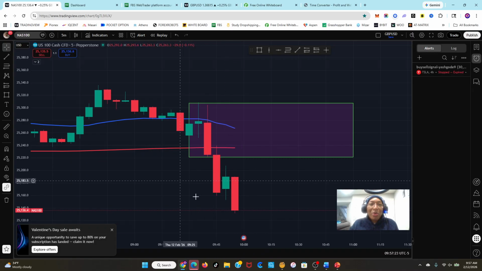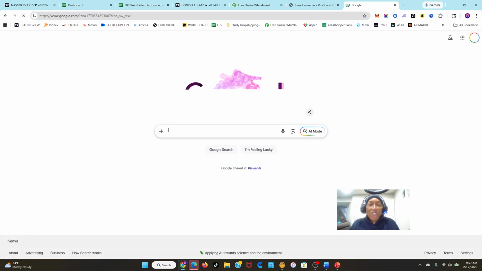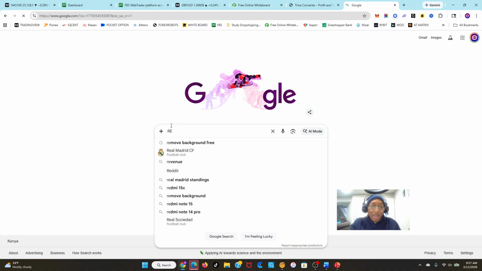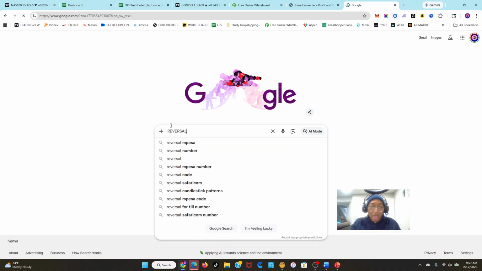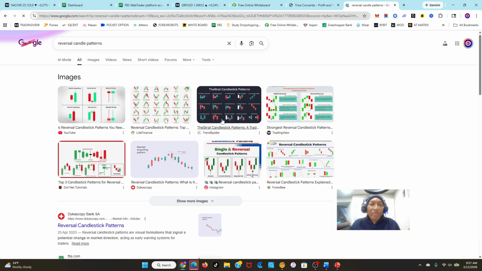If you guys don't remember what reversal candles are, you can just go here and search. We always have a cheat sheet. Just say reversal candle patterns on good old Google, and there you go.